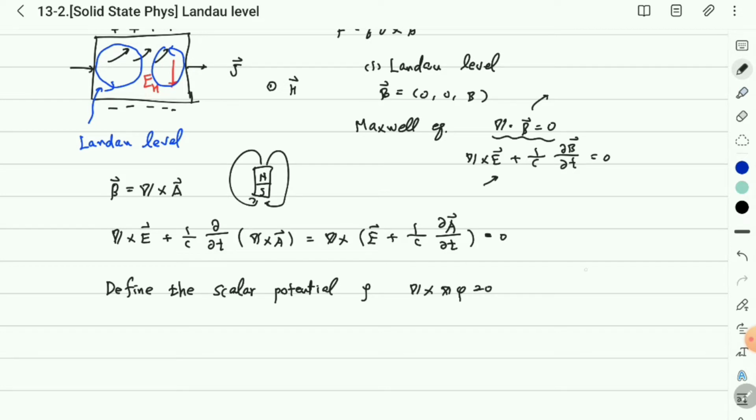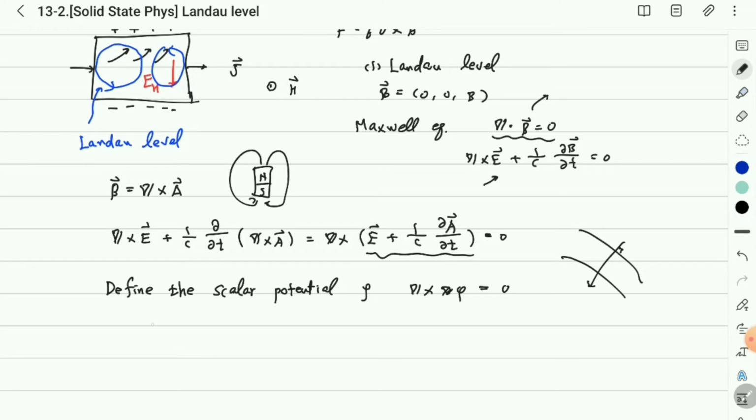Gradient means the direction perpendicular to the equipotential or field line, and therefore there is no contribution of the curl in the gradient.